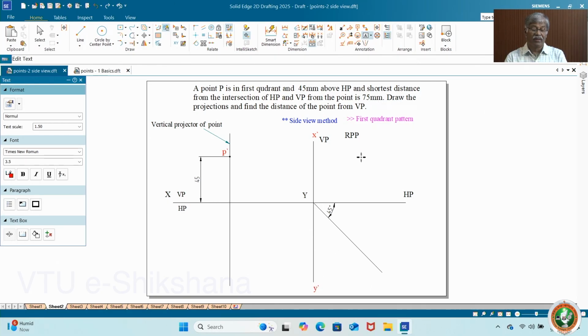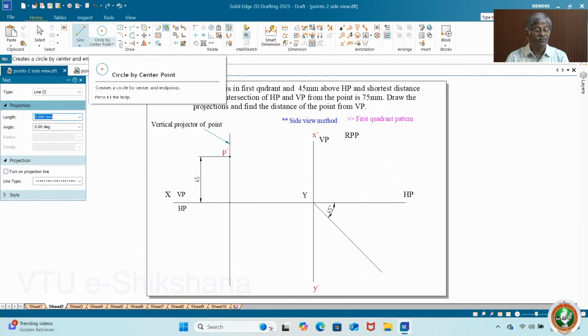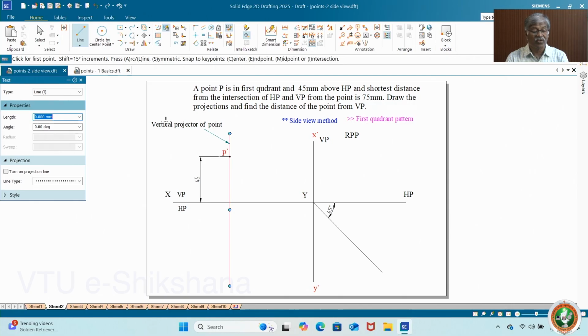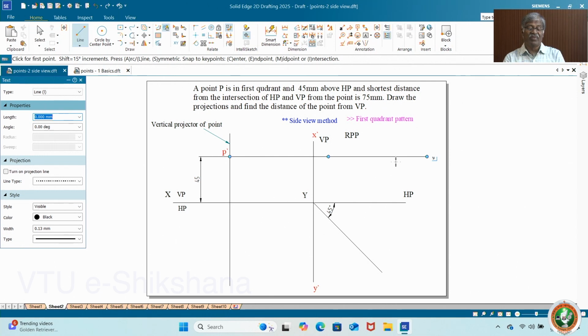This is RPP. Project the front view directly towards RPP. We don't know where exactly it is. Let me identify the locus. After that, let us draw an arc with 75 mm so that you get the shortest distance fixed. On this, you get P double dash.